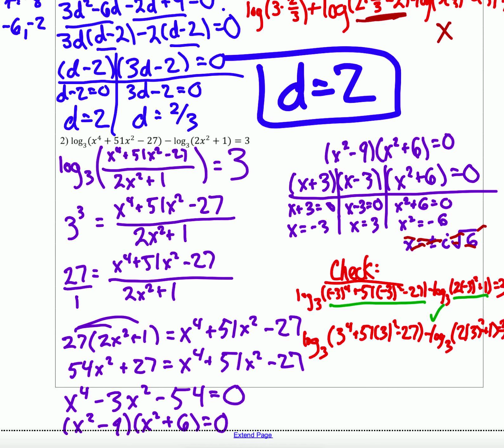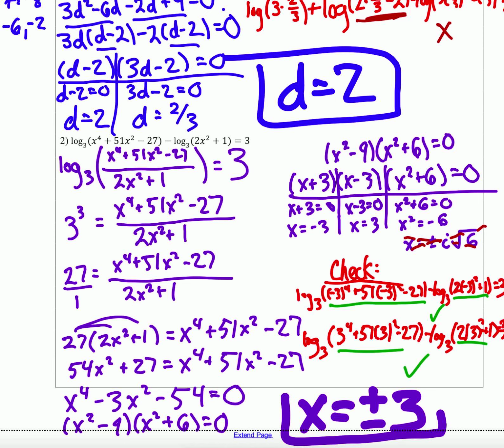When you plug that in the calculator or you check all of the arguments, they're all going to be positive. The calculator will also spit out the answer 3. So that works. So our final answer is x equals plus or minus 3. You can write it as plus 3 and minus 3. You can write it as 3 and negative 3. Anything you want to write it as, just make sure the two answers are positive 3 and negative 3.